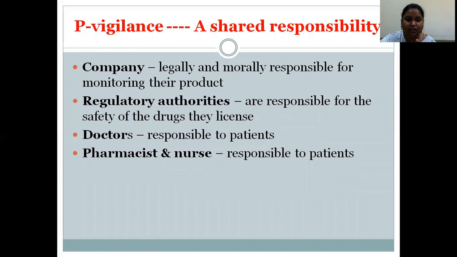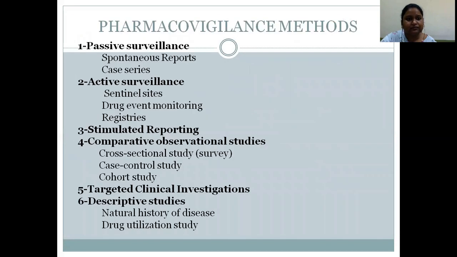The regulatory authorities are responsible for the safety of the drugs, their licensure, and the approval of the licensure. Next are the doctors. They are responsible for the patients who are reporting or experiencing the adverse events. Next are the pharmacists and the nurses. Their responsibility is totally focused on the patients.